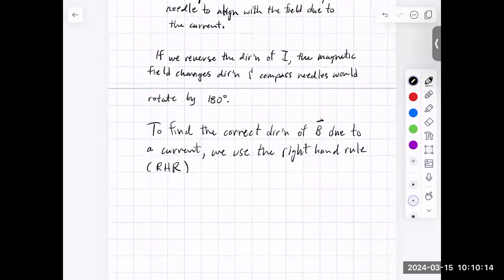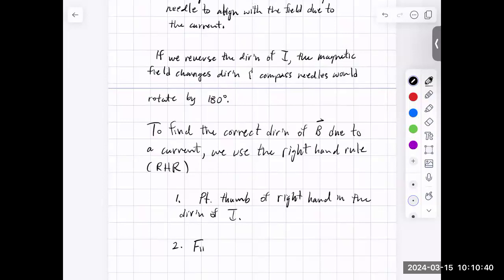Okay, so what we're going to do is, one, point the thumb of the right hand in the direction of the current. And two, we just look at the direction that our fingers naturally curl.